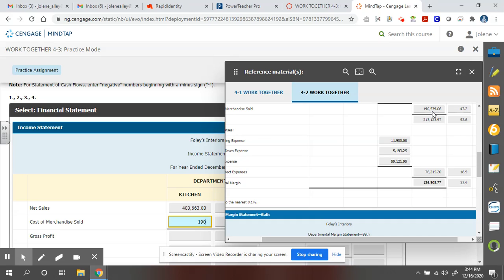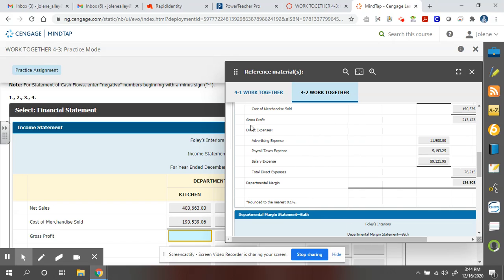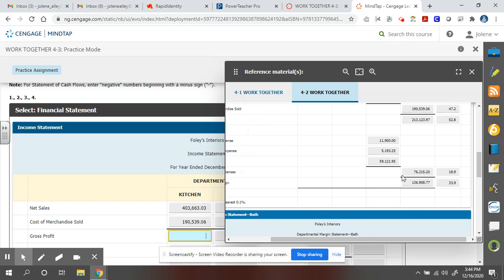Okay. Gross profit. It says here on the next line, gross profit. So you come over, there it is. Actually, it's just subtracting one from the other. So 213,123.97. Okay, so that's for kitchen.